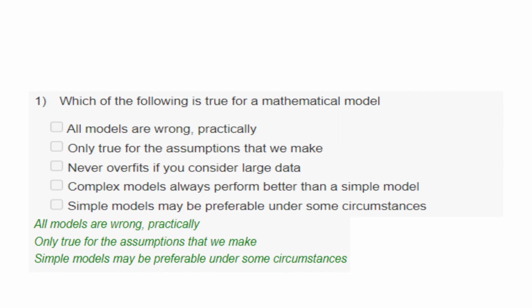Next is complex models always perform better than a simple model, which is absolutely not true. If the phenomena, the interactions, or the states that you're defining inside the model are simple, basically, if you can model a particular phenomenon using a simple model rather than a complex model, it is actually better to do it with a simple model, because a complex model does not give you the guarantee that it will perform better.